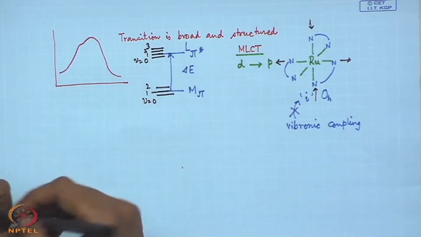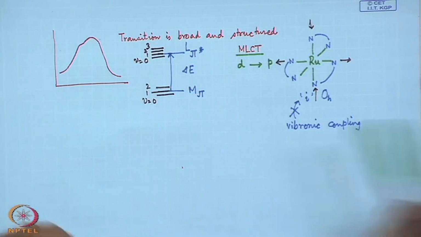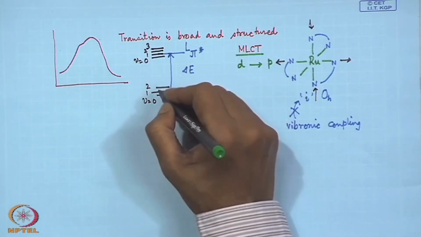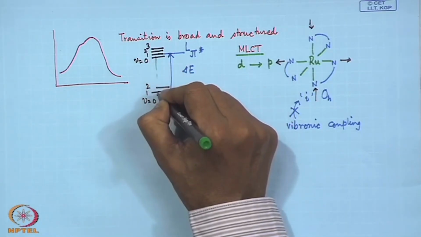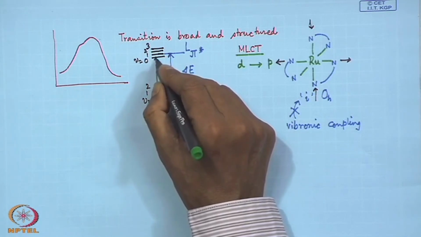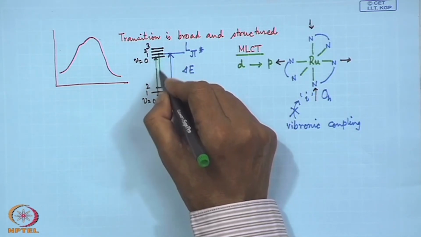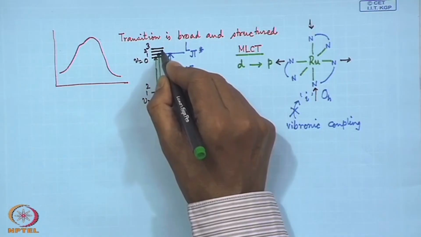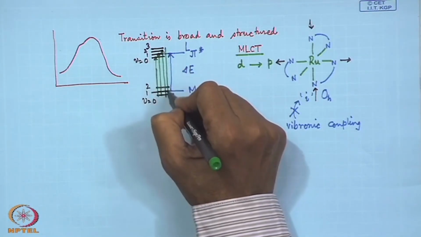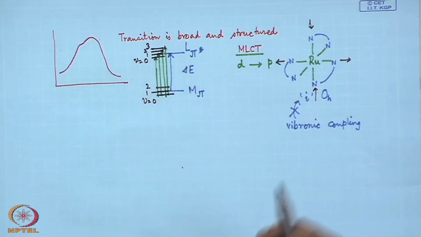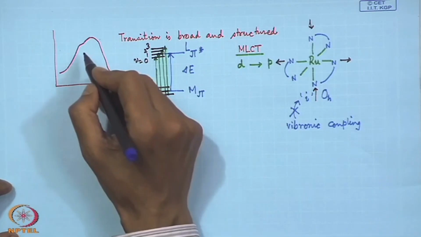So, along with this electronic transition, we can have several other transitions from V0 to the other levels. These transitions can also take place along with the main transition, which is required for the delta E value.